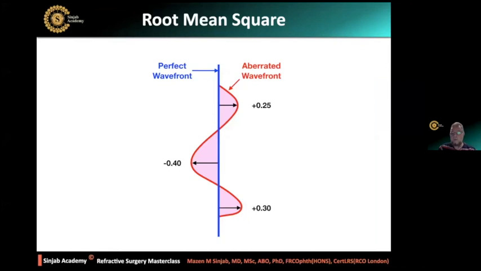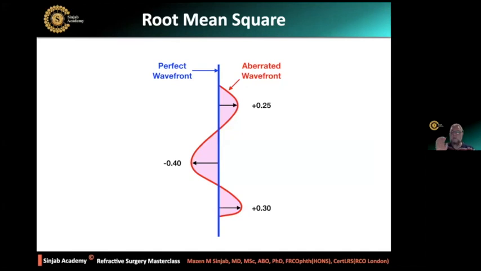Root mean square quantifies, as I told you before, it gives the quantity of the aberrations, be it lower order aberrations, higher order aberrations, or total aberrations. And it can be expressed in microns and can be expressed in diopters.